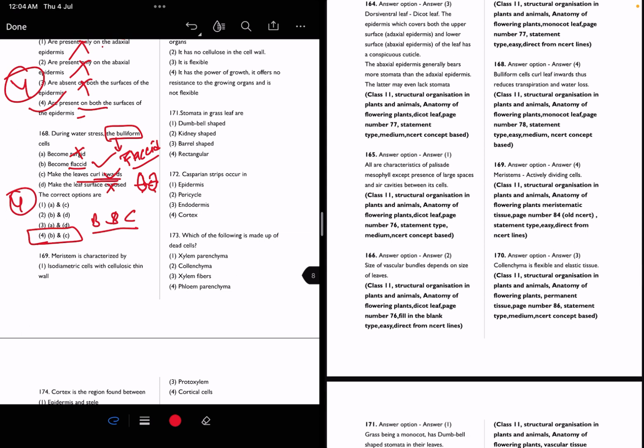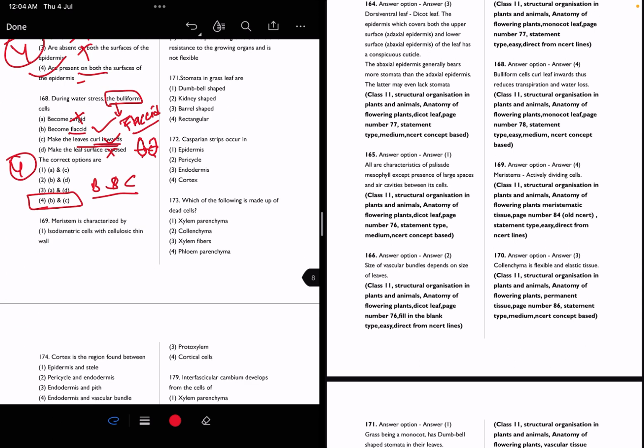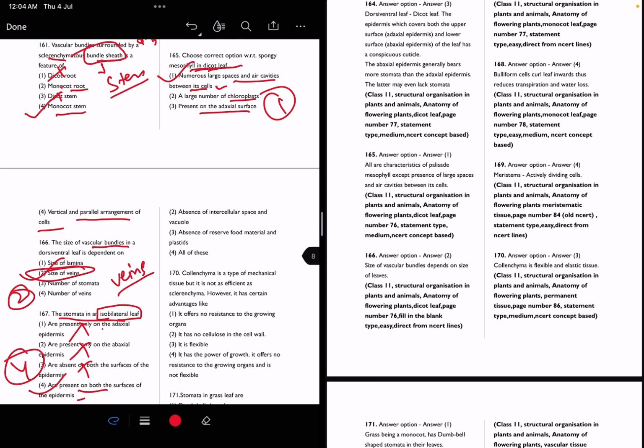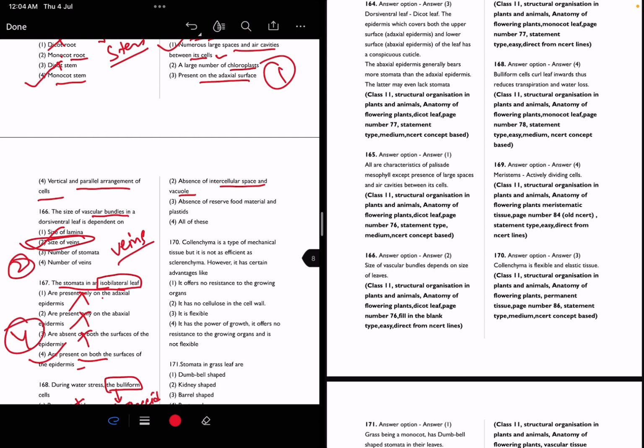Now read question 169. Meristem is which tissue, a permanent tissue or a dividing tissue? It is a dividing tissue of the plant, characterized by isodiametric cells with thin cellulosic walls, absence of intercellular spaces, or only very minute spaces.